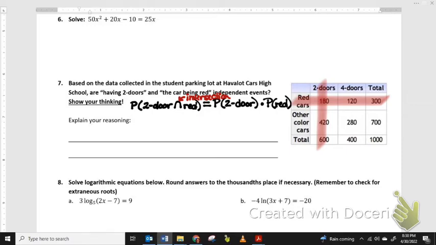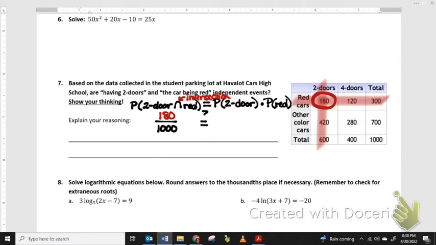Where does that row and that column intersect? Right at the top here. Yep. There are 180 red 2-door cars. So 180 would be my numerator. Out of how many cars total? 1,000.